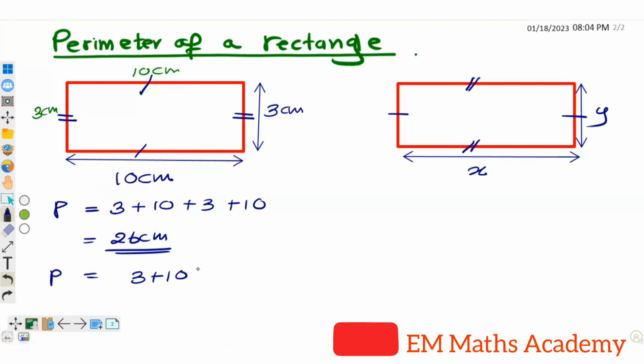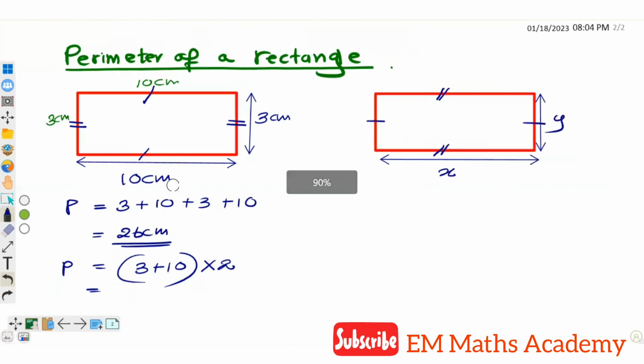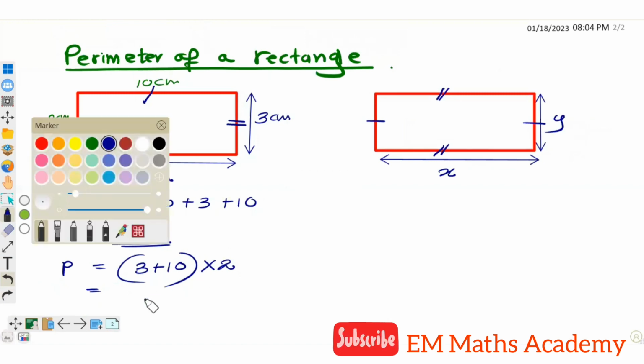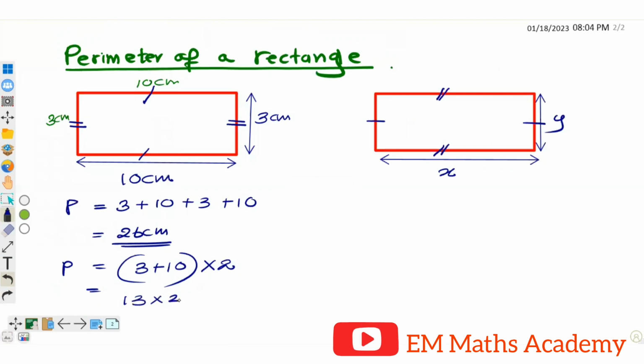Then after you get this answer, you can multiply this value by 2, because there is another pair of these two straight line segments. So you can multiply it by 2. 3 plus 10 is 13. 13 times 2 is 26 centimeters. The same way we can obtain the answer.